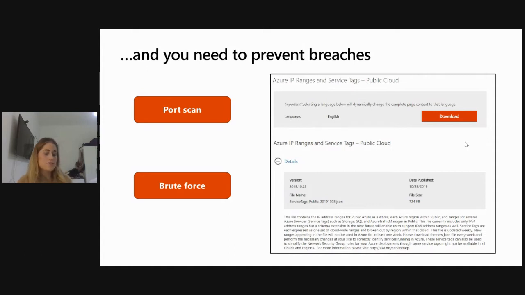And the reason is Microsoft publishes the list of IP ranges every month, and basically all a hacker needs to do is download it and literally go through every address in those public IPs, which is port scanning, and try 22 and 3389 till he finds someone like you who didn't protect their public IP and opened one of these ports to the public internet. And then they try to brute force it.